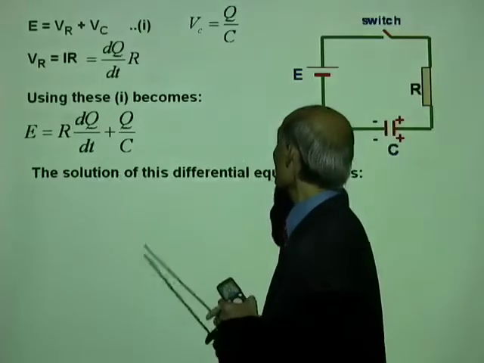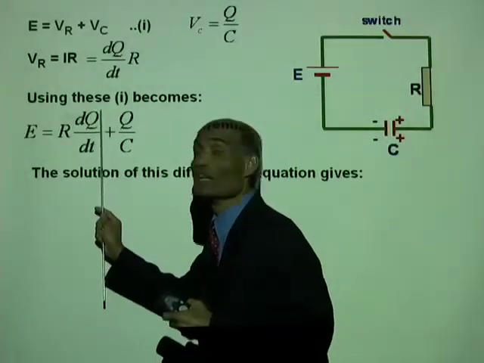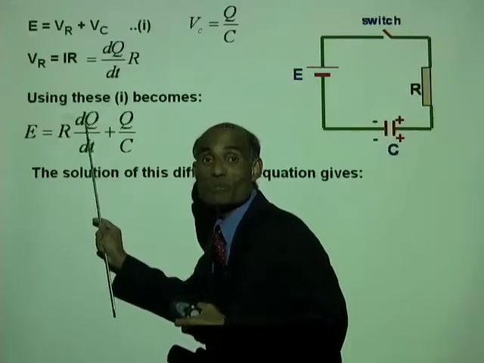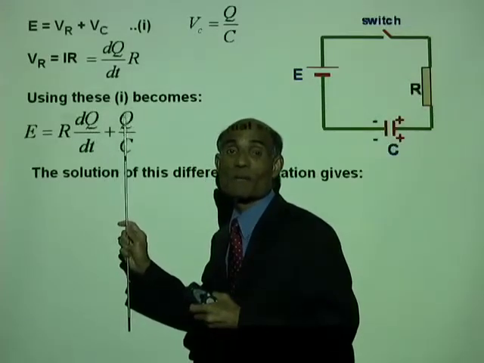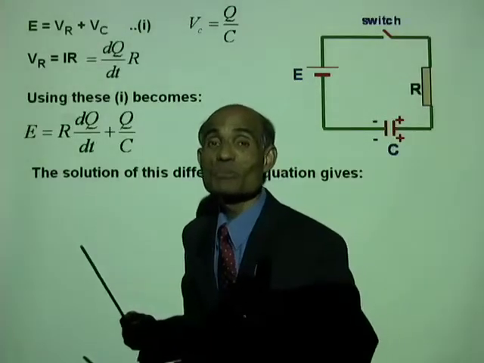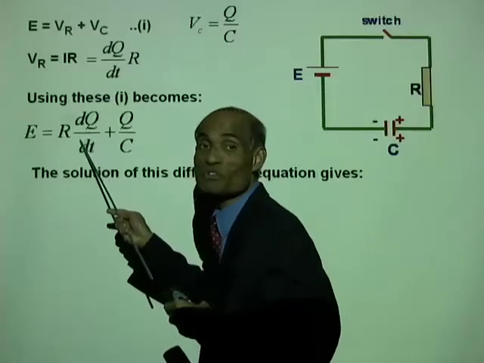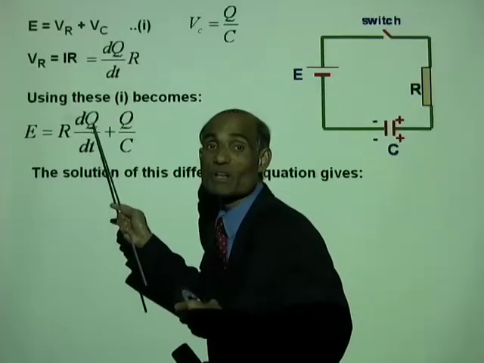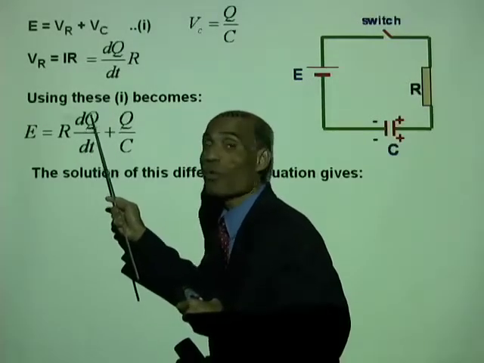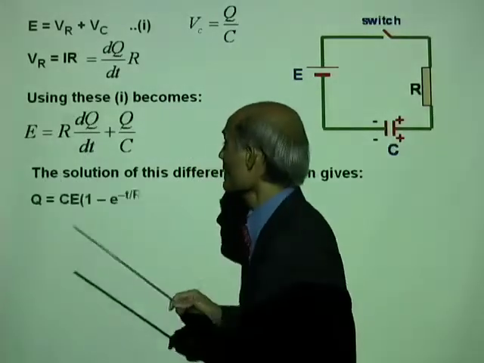Now, the solution of this differential equation will be for what? The dependent variable here is Q, and therefore the solution will be for Q, as a function of time. So the solution will give you Q, the quantity of charge, as a function of time.